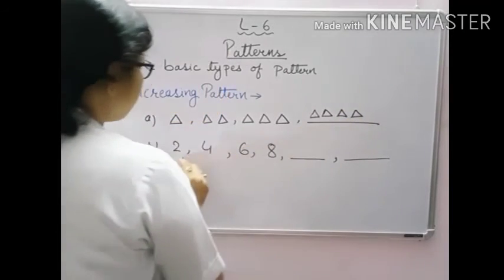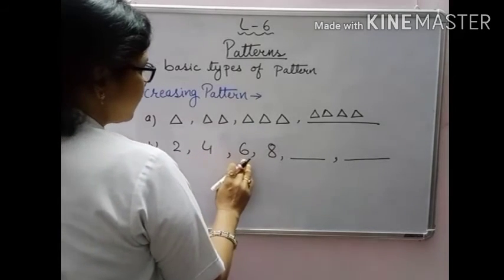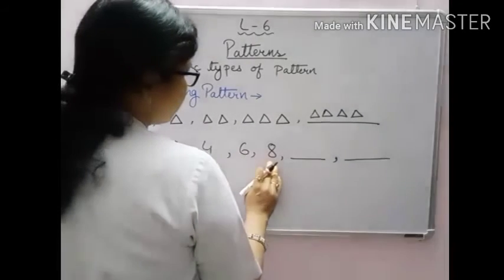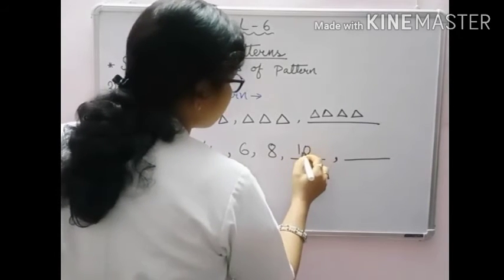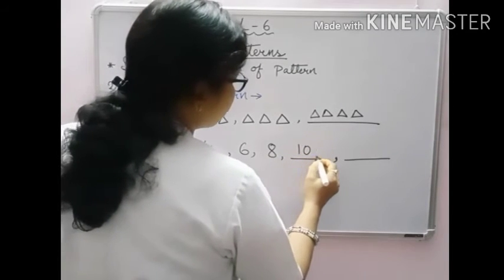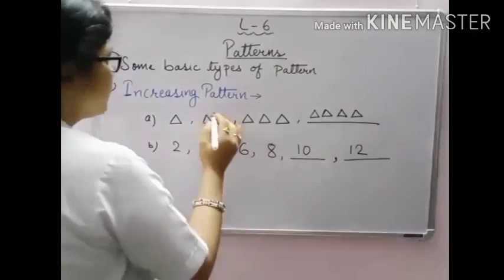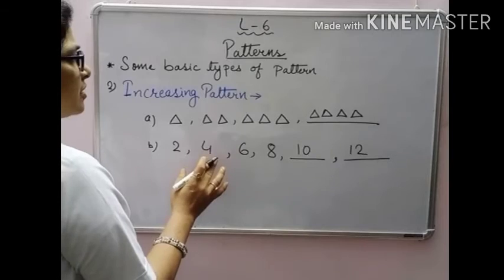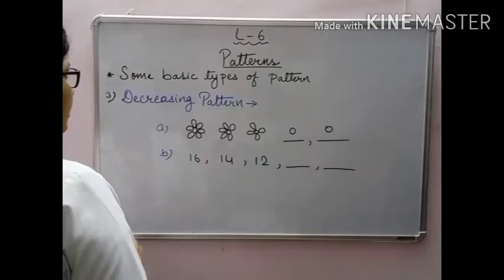In the next example, 2, then 4, then 6, then 8. What will be next? Next will be 10. After that, it will be 12. So, in this pattern, numbers or figures are increasing in a particular order.